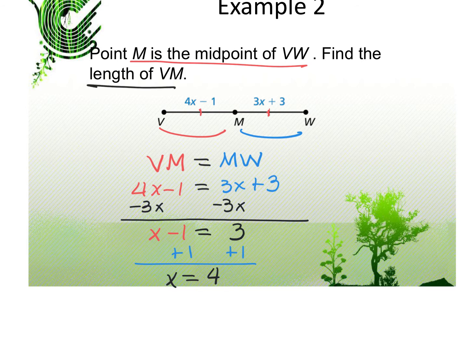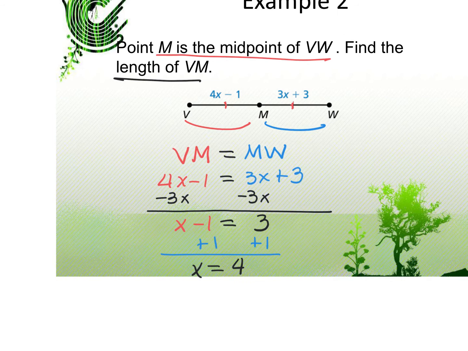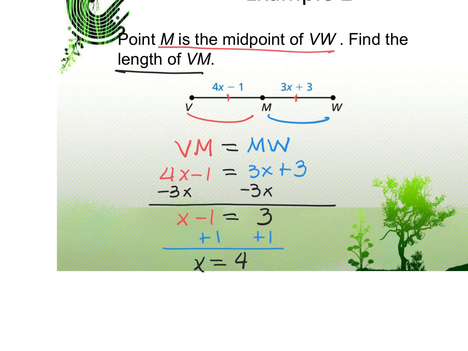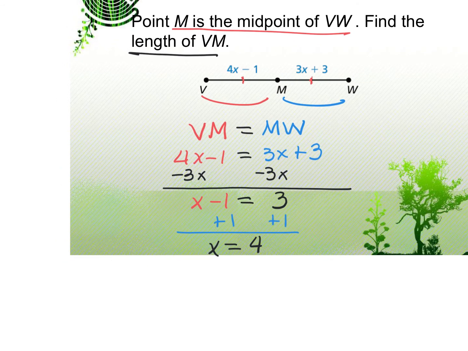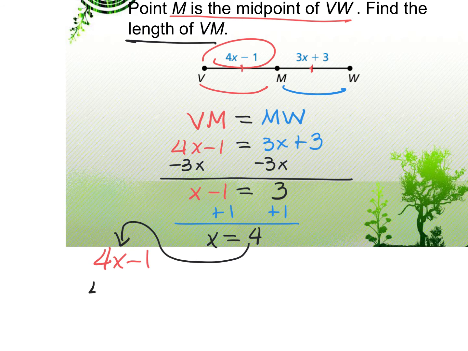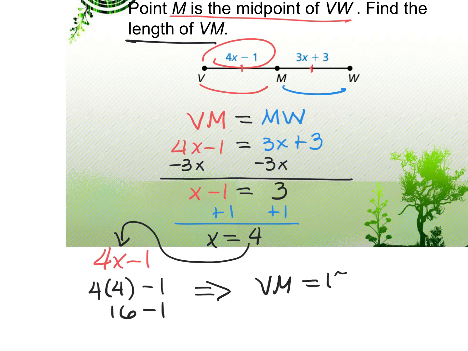So now that I found x, I'm going to go back and take the expression for VM, which is this 4x minus 1, and substitute my value of x that I just found into that expression. I'm going to do 4 times 4 minus 1. 4 times 4 is 16 minus 1. So the length of VM is going to be 15.